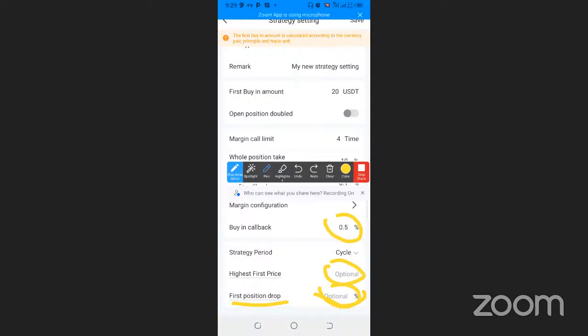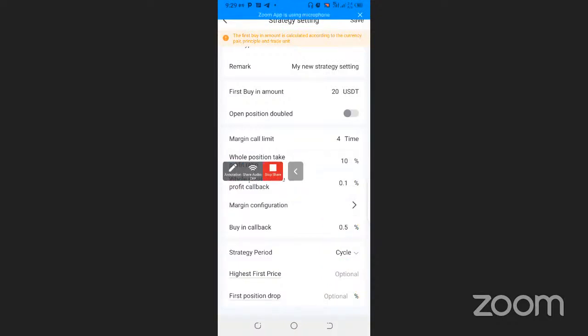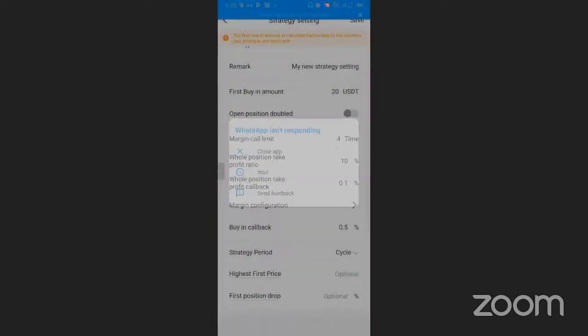It is optional. So that when the market drops as little as 0.5%, you can trigger another profit and another second buy again, if you really want to. But we always check and look at the first trigger price and look at the signal. Now, what is needed to do? You save. You can save.